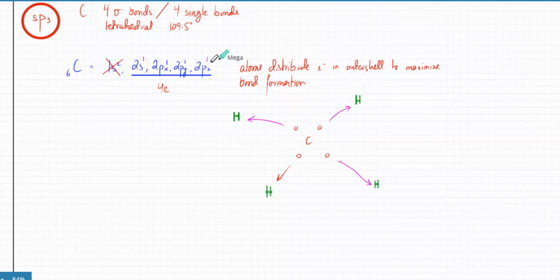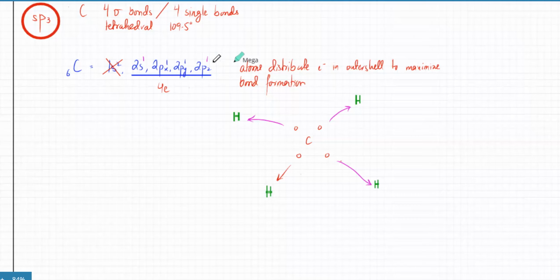Yes. And also remember that for distribution to happen, you need empty spaces, right? Like with this electron, there was an empty space over here, so this electron decided to come to that empty space. If there are no empty orbitals available, distribution will not be possible. So keep that in mind as well.